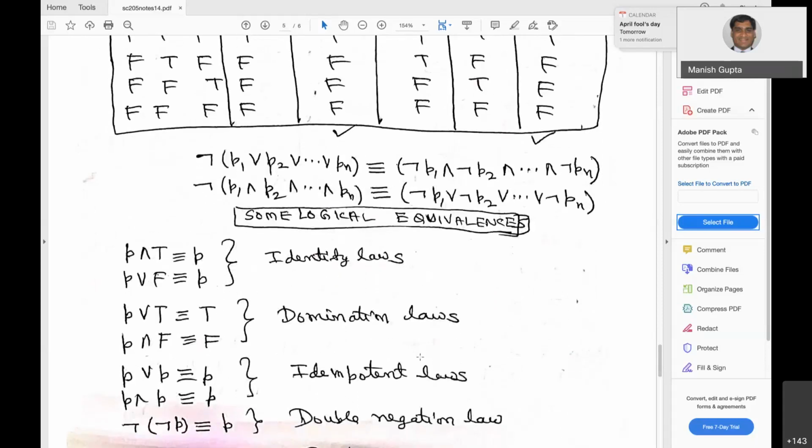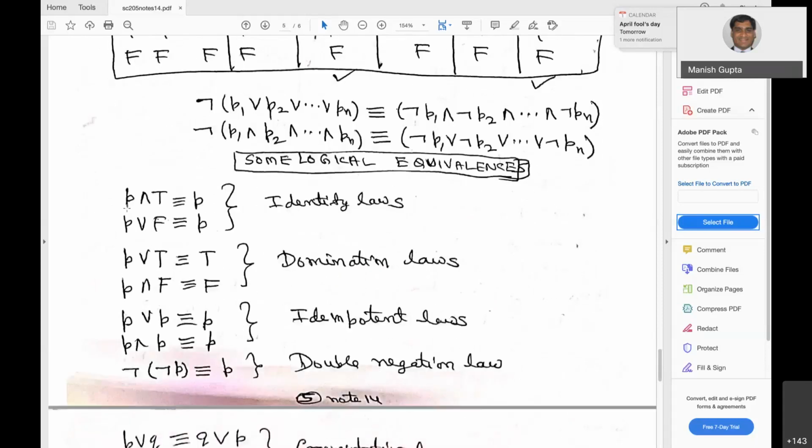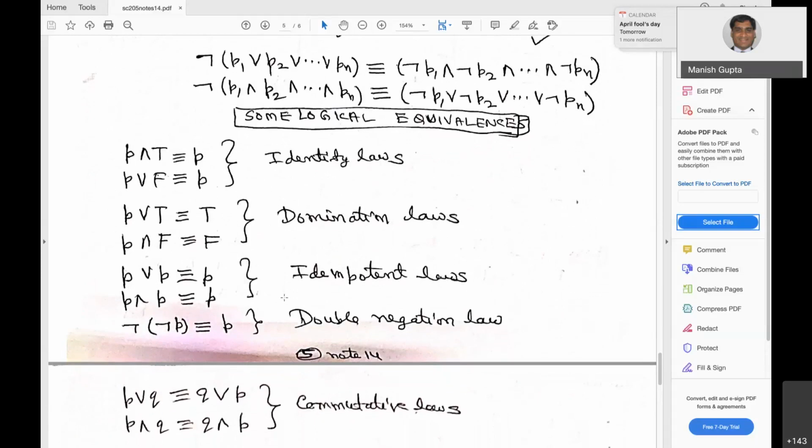Then we have certain laws like identity laws. P meet true is equivalent to P. P join F is equivalent to P. Similarly, we have domination laws, idempotent law. P join P is P. P meet P is P. Negation of negation of P is P, which is the double negation law.